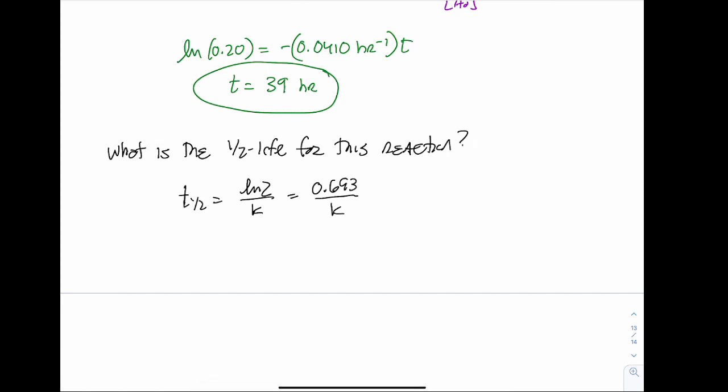So I'm going to take 0.693 and I'm going to divide it by my rate constant. Grabbing my calculator.